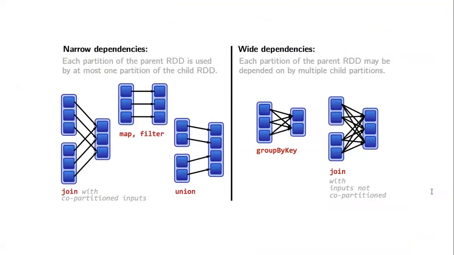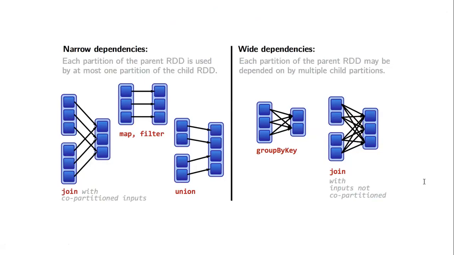Now you already know that there are transformations and actions on RDDs. Generally, transformations are what is known as lazy evaluation, and actions trigger the actual computations.